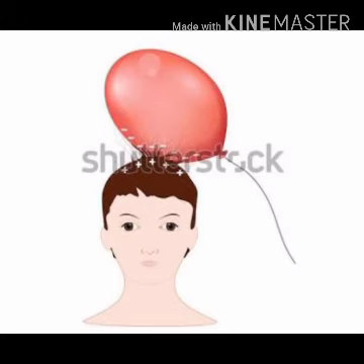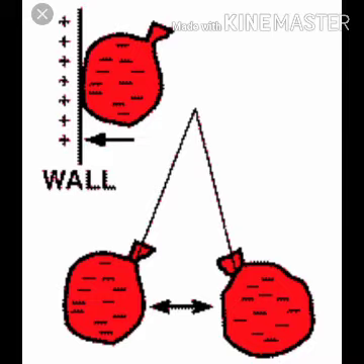Why? Because due to friction, what happens when we rub two materials? When we rub hair and the balloon together, the hair transferred electrons towards the balloon, so hair gets positive charge and balloon gets negative charge.